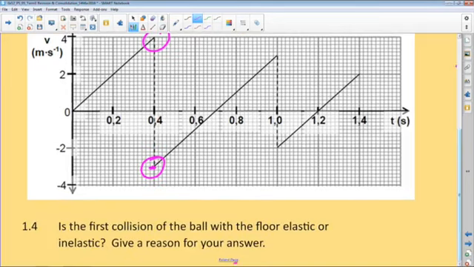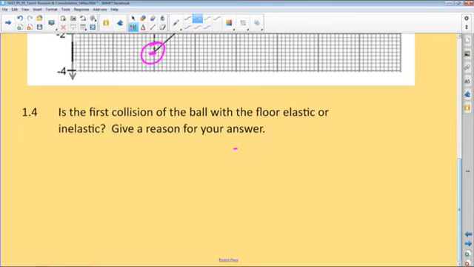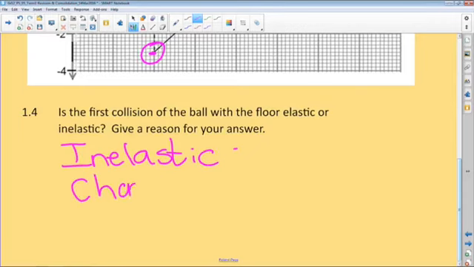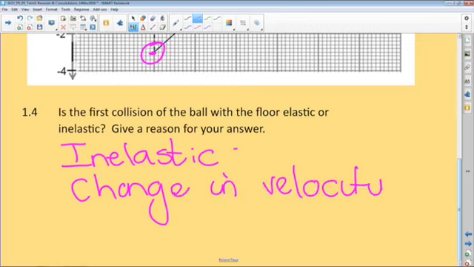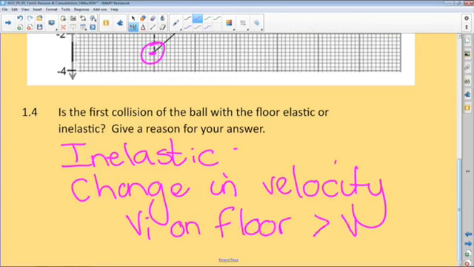So when we explain this, we say, well, it's inelastic. And my reason is that there's a change in velocity. So the initial velocity on the floor is bigger than the velocity off the floor.